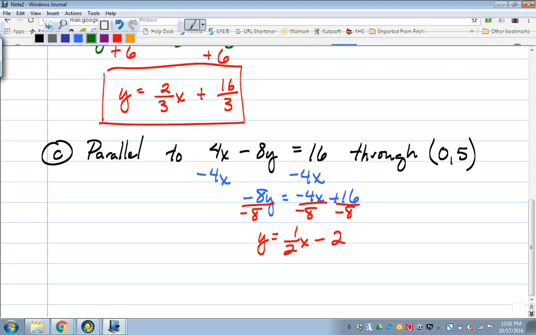What's the slope of my new line? 1/2. Whatever's in front of x is going to be my slope. So then, what is this point for my new line? That's my y-intercept. So do I have to do point slope on this one? No, I'll go straight to my equation. Y equals 1/2 x plus 5.